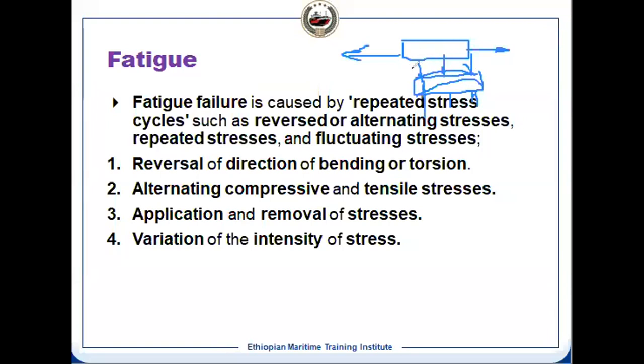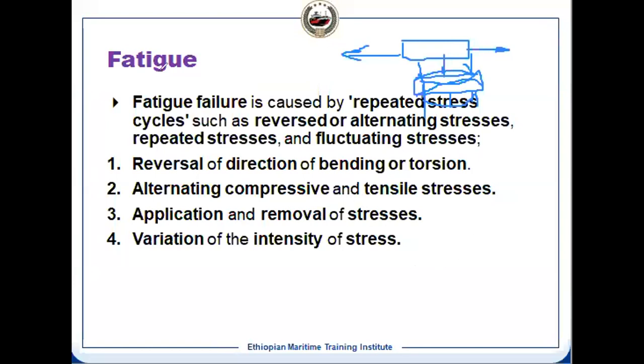It means the position changes: this is tensile, this is compression. In the previous case, this was under compression and the top was under tensile.